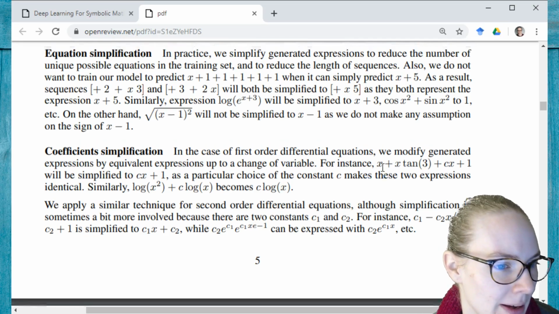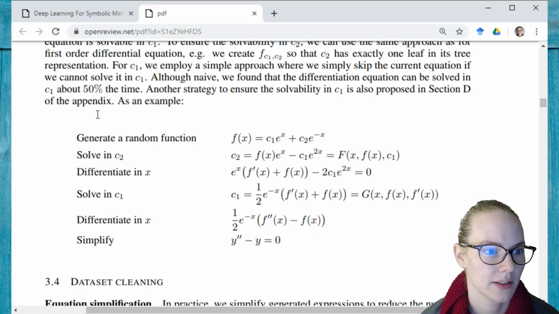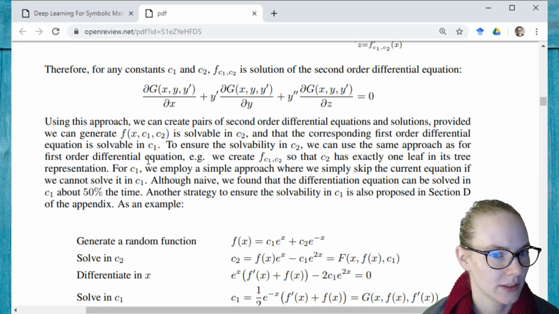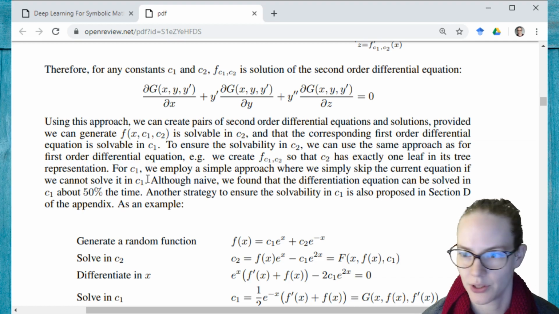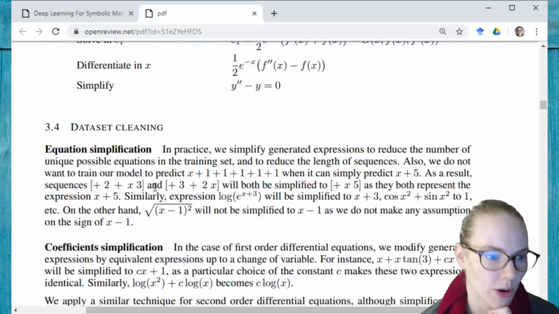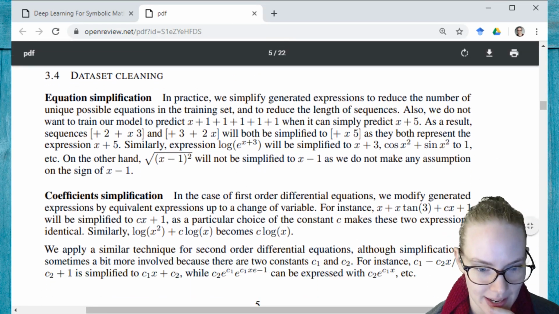There was something special about C that we talked about previously. Oh, that's right. They sampled C1, so they dropped out half of the equations where they couldn't solve for C1. So we're already working with a subsample of the generated equations.